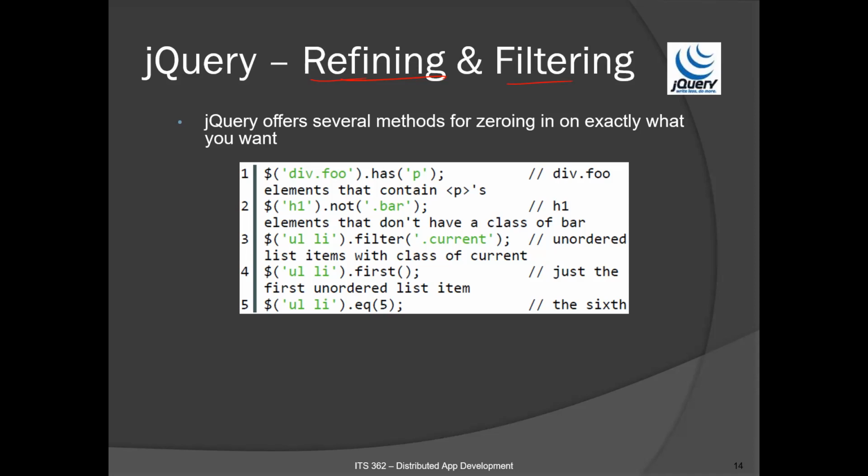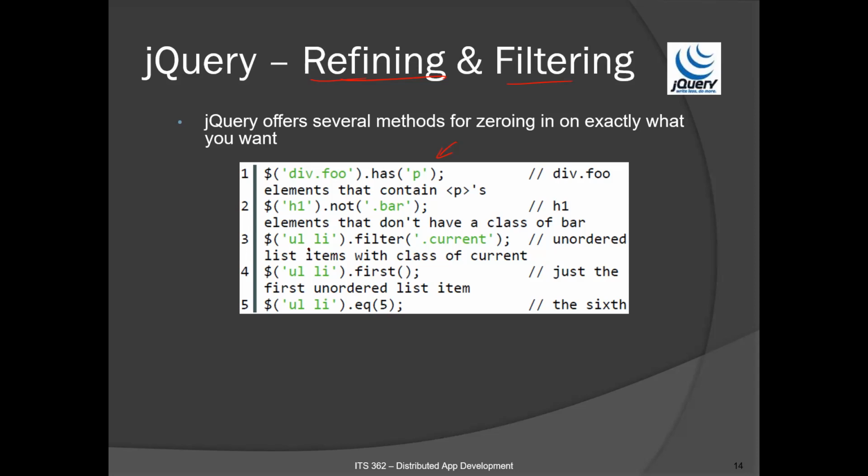jQuery offers several methods for zeroing in on exactly what you want, right? So you want div.foo, that div, which has a paragraph tag. In this case, div.foo elements gets elements that contain the paragraph tag, okay?